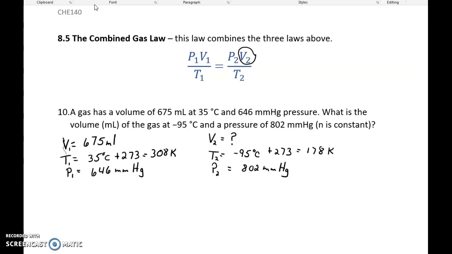If we divide both sides by P2, and we multiply both sides by T2, we'll see that this one cancels this one.